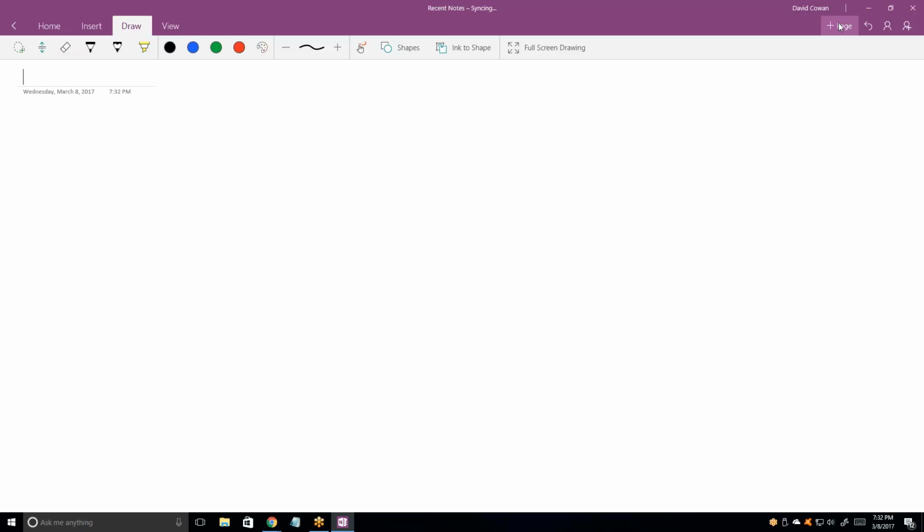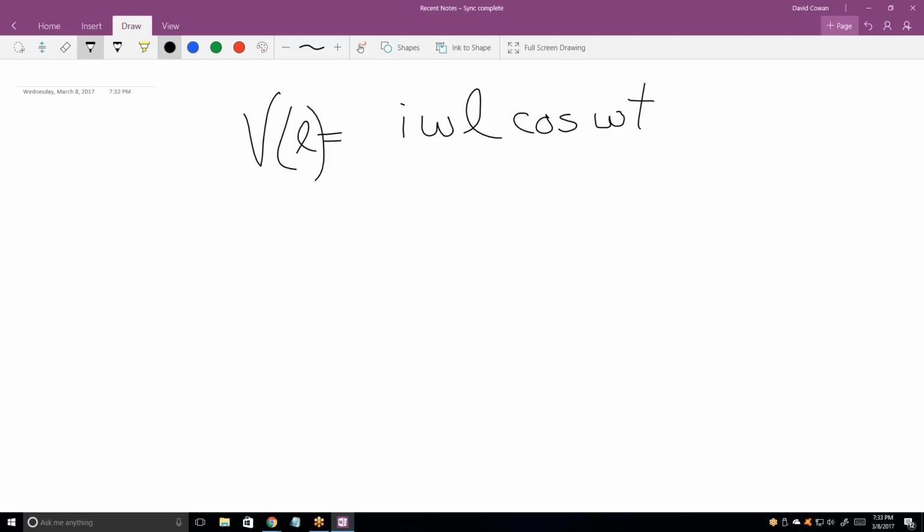The voltage drop across the inductor is given by V of L equals I W L cosine of (W T plus pi over 2), all in parentheses, like that. W, I believe, is omega.